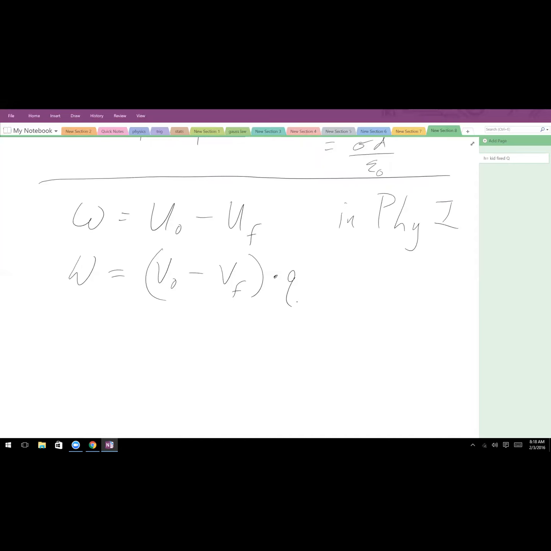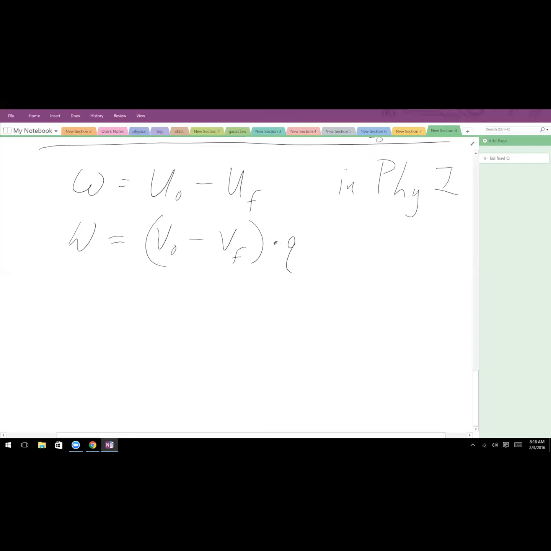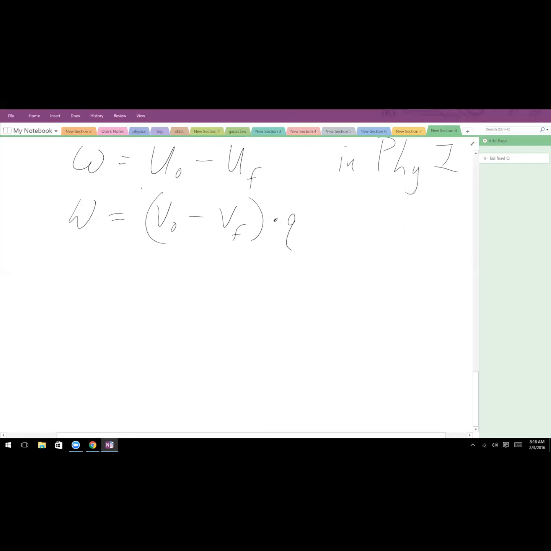So if I multiply by Q, I'm going to wind up with potential energy again. All right. And this leads us to our last word, which is this thing right here is called potential difference.